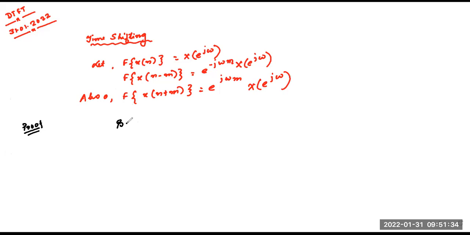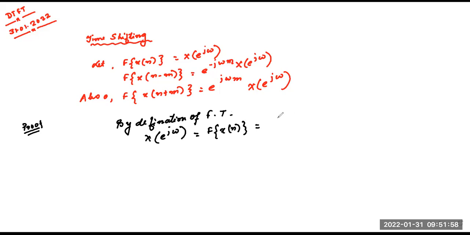By the definition of Fourier transform, x of e to the power j omega equals the Fourier transform of x of n, that is the summation of n equals minus infinity to plus infinity x of n into e to the power minus j omega n.